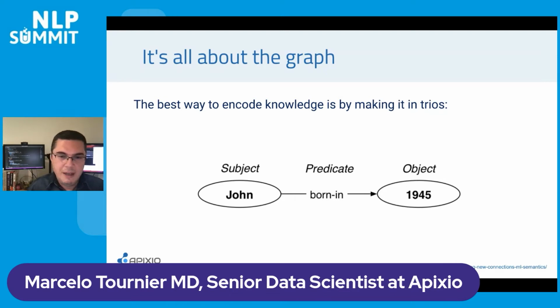So, for instance, if I have in a text these two entities, John and 1945, I could have some other inference in the text, for instance a DOB tag or another piece of text that could be tagged as an entity, that would show that the patient was born in 45, and you could easily extract a very simple graph that contains two nodes, which are the words John and 1945, and the predicate, which is an adjective of this word.